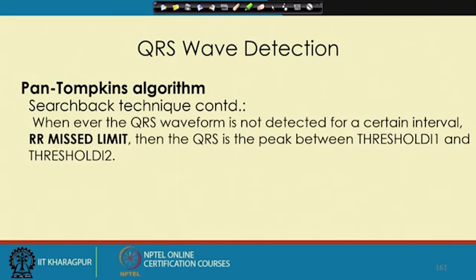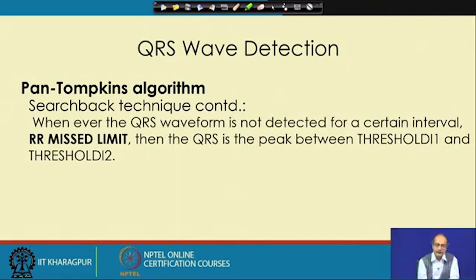So, as a part of it, whenever the QRS waveform is not detected within a certain interval, that is called the RR missed limit, then the QRS peak between threshold 1 and threshold 2 is taken. In fact, the first part is imperative, we call it missed because there is no peak above the threshold 1. Okay.